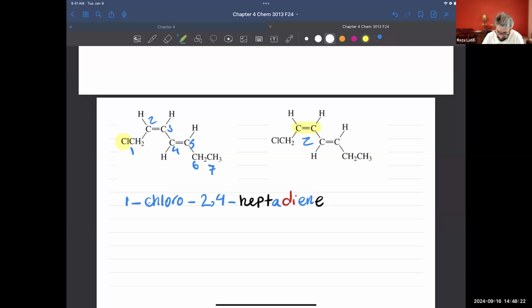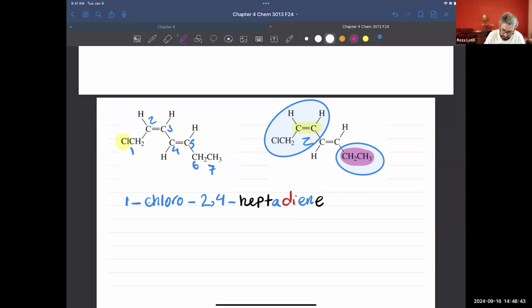Next one, I have a substituent here, versus this substituent, the one I'm going to highlight. So one substituent is here, and the second substituent is across from it.